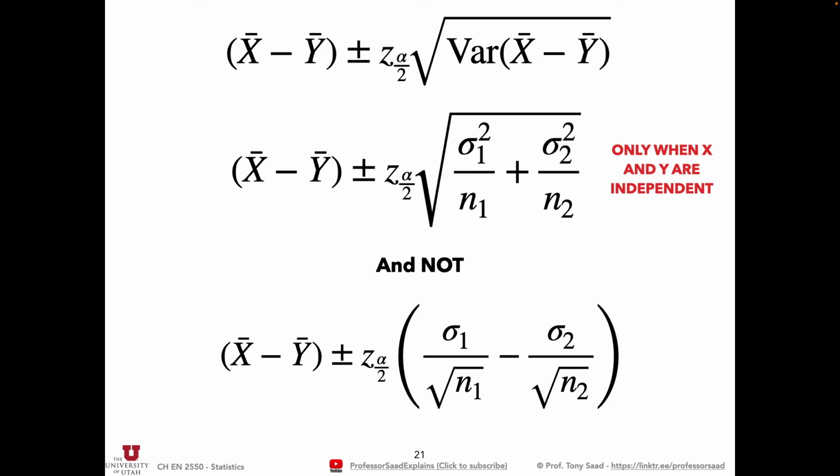You will commit a huge error if you take the means and subtract them, or take the confidence intervals and subtract them. No, you're going to define a new random variable of the differences, treat the distribution of those differences, and then do the confidence interval on that distribution. That's the correct way to do it.